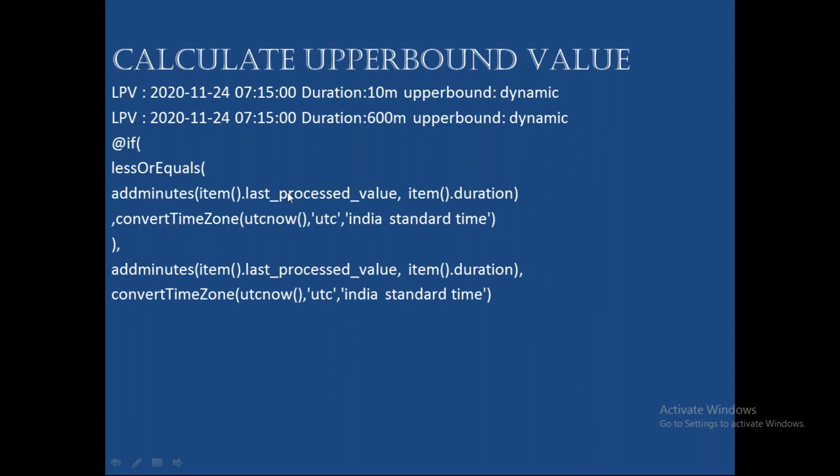Now you already calculated the upper bound. Now I need to check whether this upper bound value is less than or equal to the current timestamp or not. If it is less than or equal to current timestamp, less than means two arrows are shown at the current timestamp, meaning current timestamp is greater.